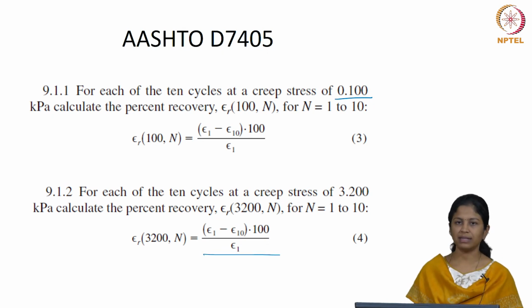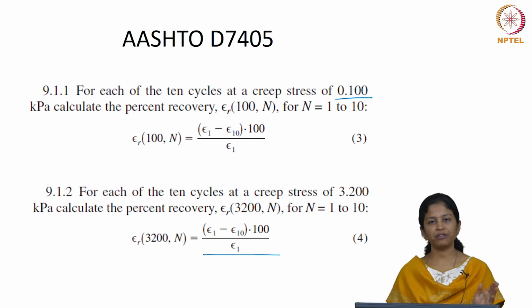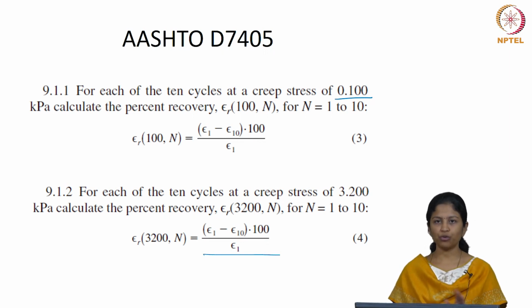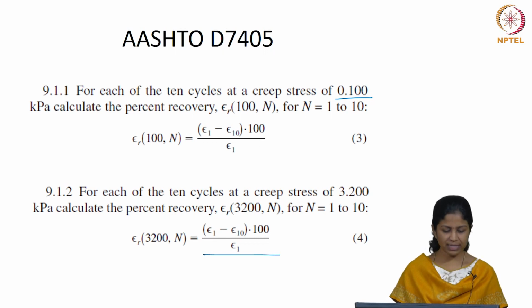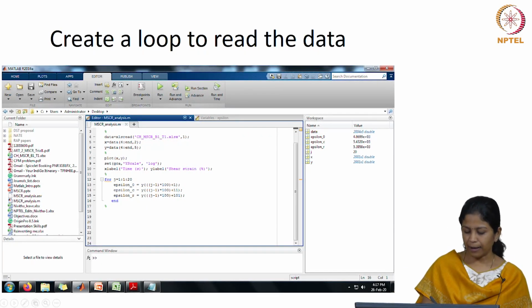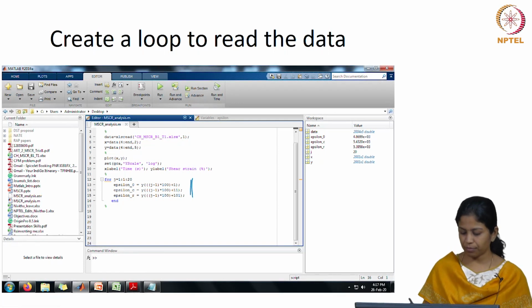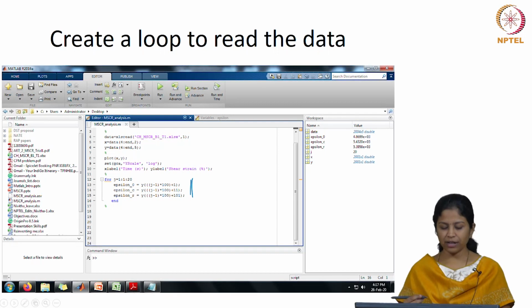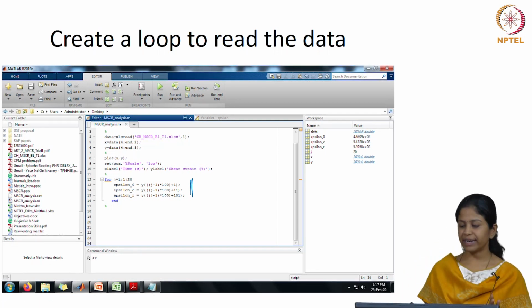The formula remains the same. What they mean here is you have to calculate it separately for the two different stress levels. Now, let us see how to do that. So, this is the code which is written related to that. So, we have to create a loop to do that for all the 20 cycles. So, how do we read the data?